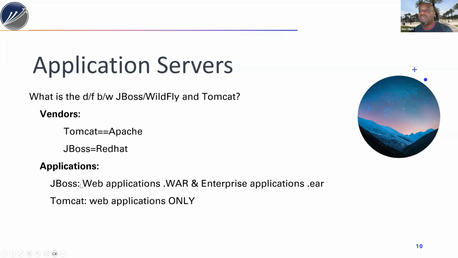With Tomcat, you can only publish a web application. That's the main difference. So if you're trying to publish an enterprise application with Tomcat, you will not be able to. That's why you use JBoss for enterprise applications, since JBoss can publish both.